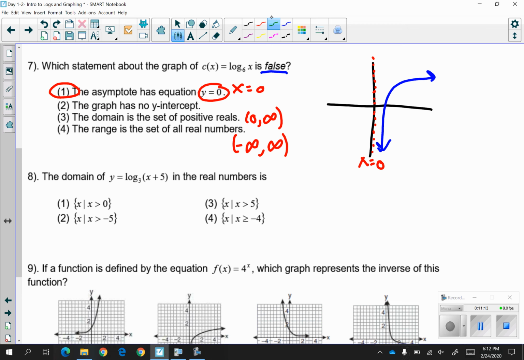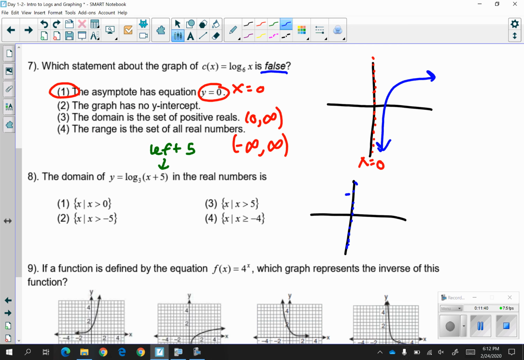So for number 8, they're asking for the domain of the log function. Because you have x plus 5, that means that you're shifting to the left by 5. That means your asymptote is going to shift to the left as well. So if you think about it, your asymptote of a log function is down the middle, right?